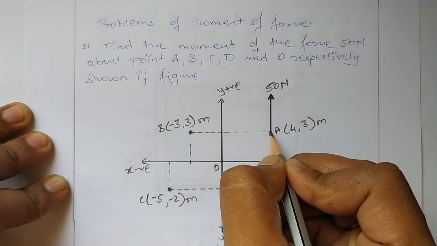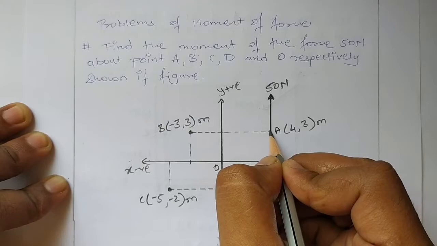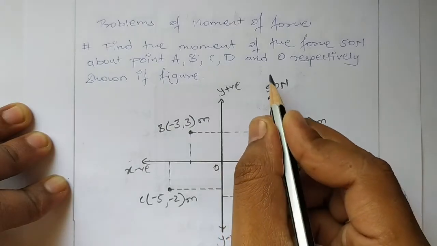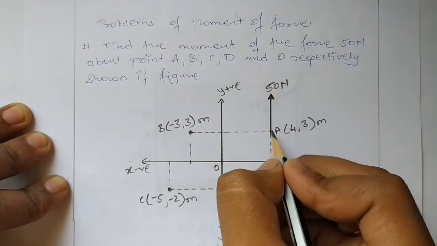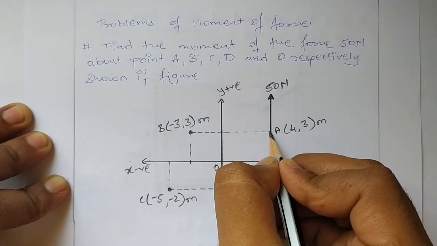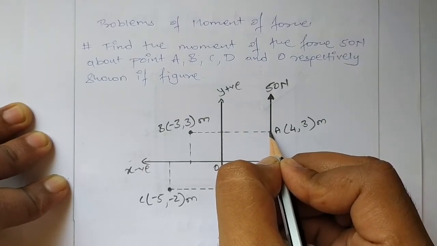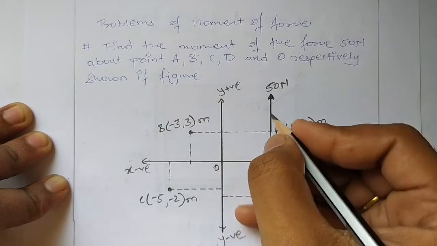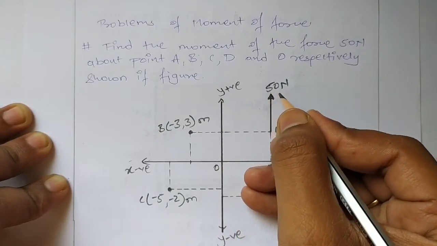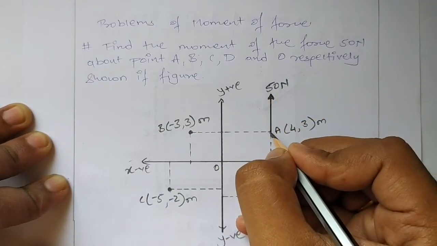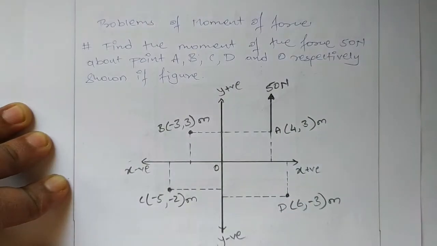The perpendicular distance from the line of action of force to the point is 0 here. So if distance is 0, then moment is 0. So for this 50 Newton of force, the moment of force about point A is 0.